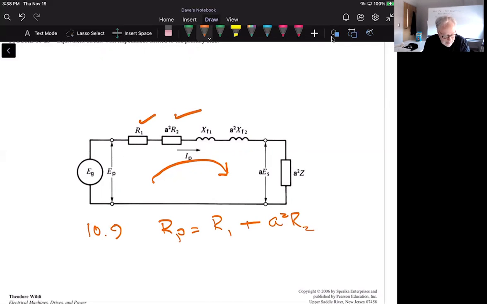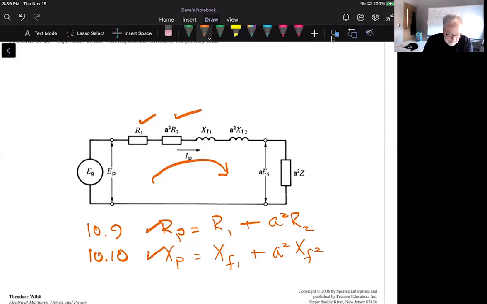And then the reactive portion is X sub 1 plus A squared X sub 2, this guy. And so that's equation 10-10. So this is the total primary resistance here. This is the total transformer leakage reactance referred to the primary side.